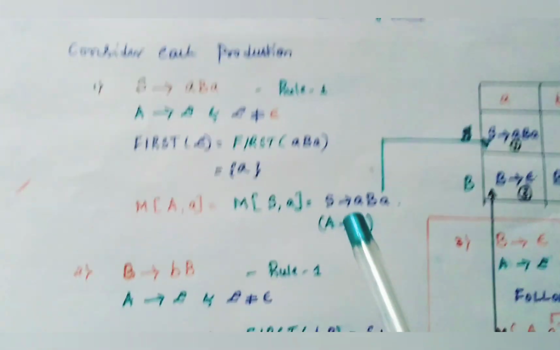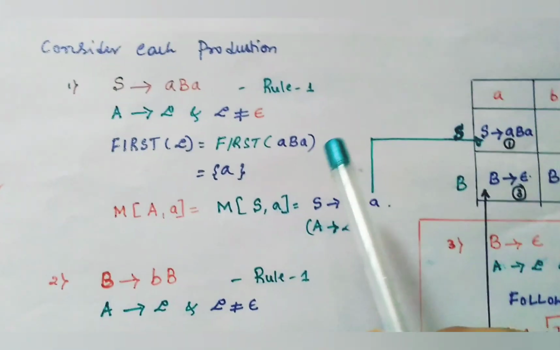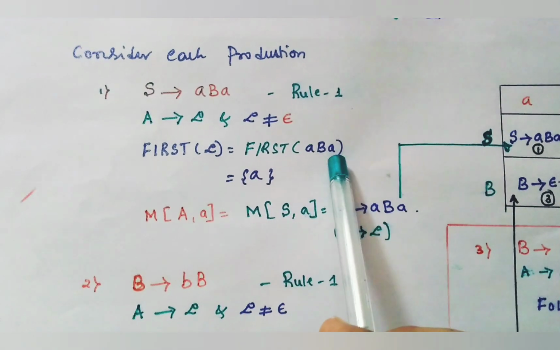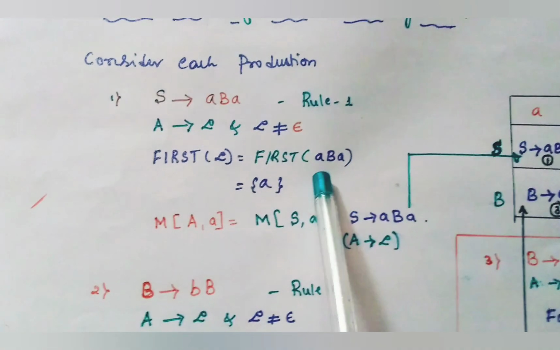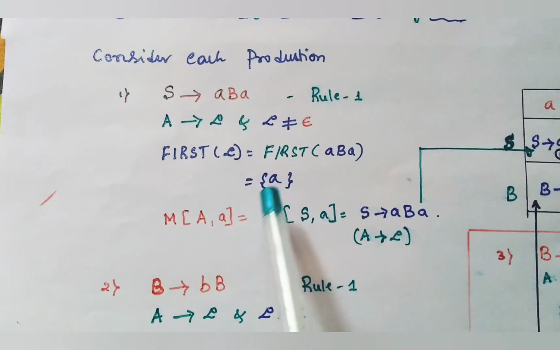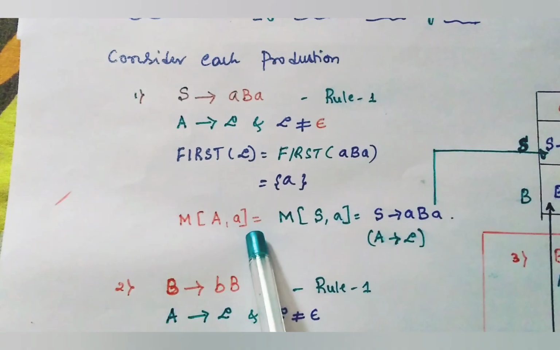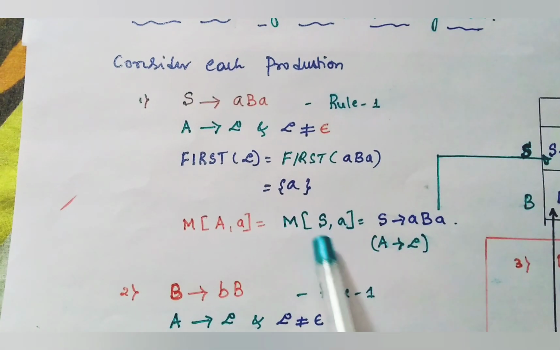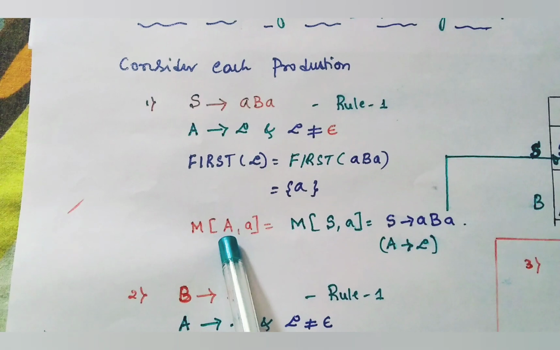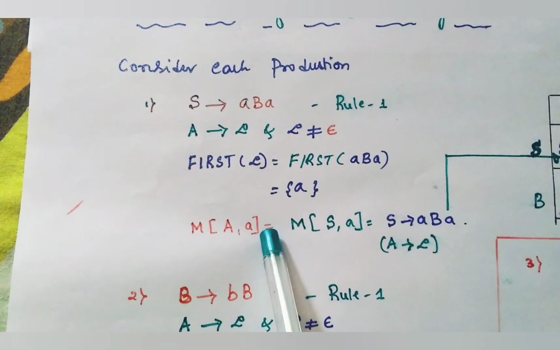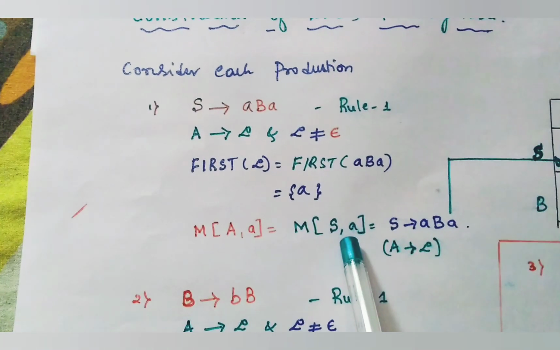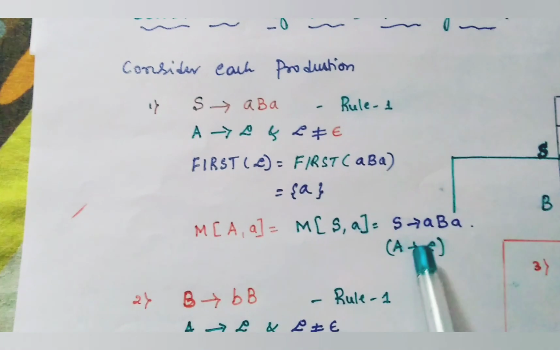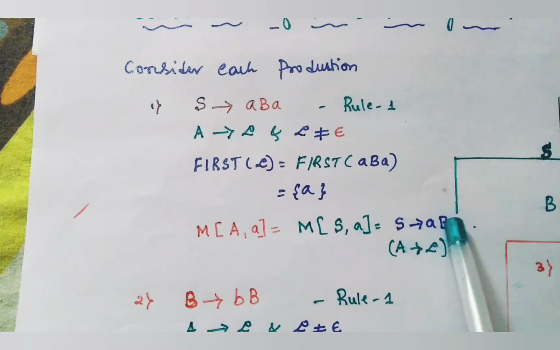Since first of alpha is first of ABA, which is nothing but A, I am supposed to make an entry M of S comma a. The reason is that it's a generic rule M of A comma a, where A stands for S and small a stands for A itself. So I have to make an entry A tends to alpha, that is S tends to ABA.